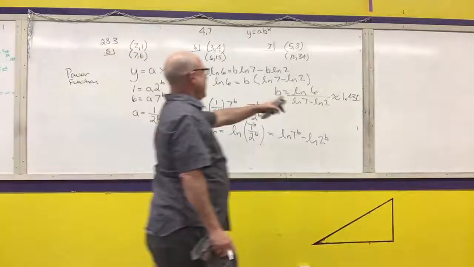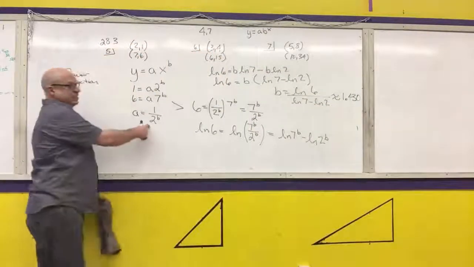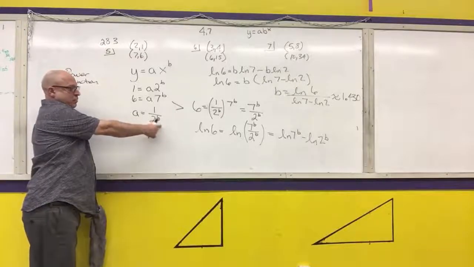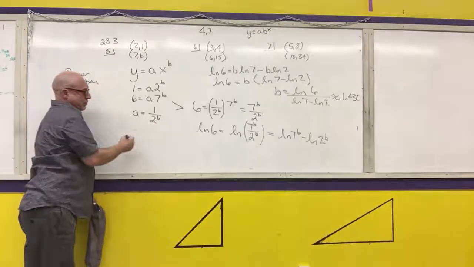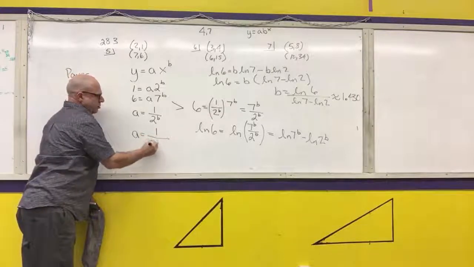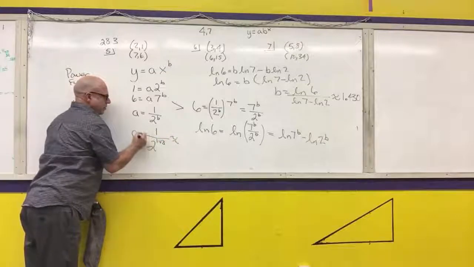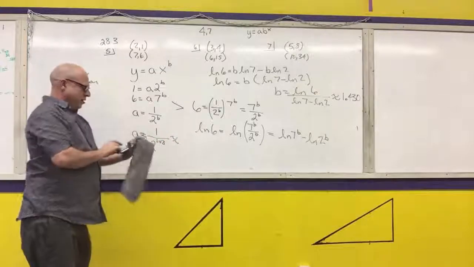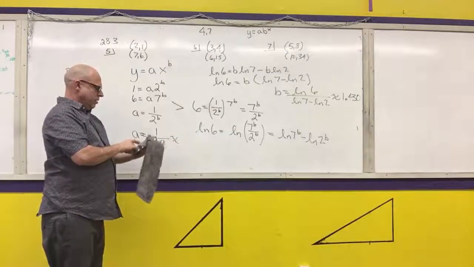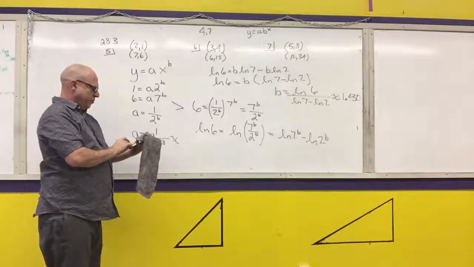Now that I know what b is, I can stick that b right here and figure out what a is. So a equals 1 over 2 to the 1.43. So I'm going to go 1 over 2 to the 1.43.